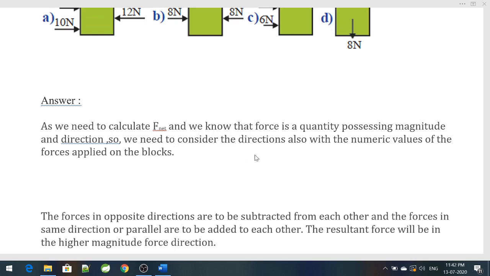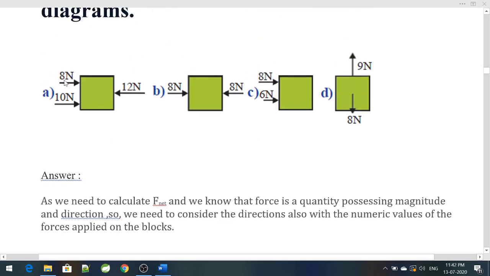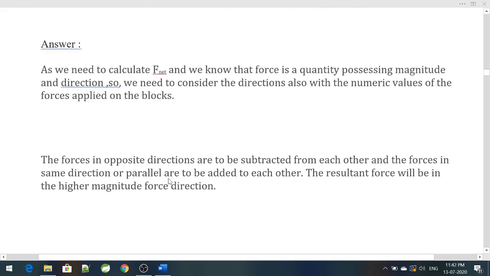The forces in opposite directions are to be subtracted from each other, and the forces in the same direction, or parallel, are to be added to each other.